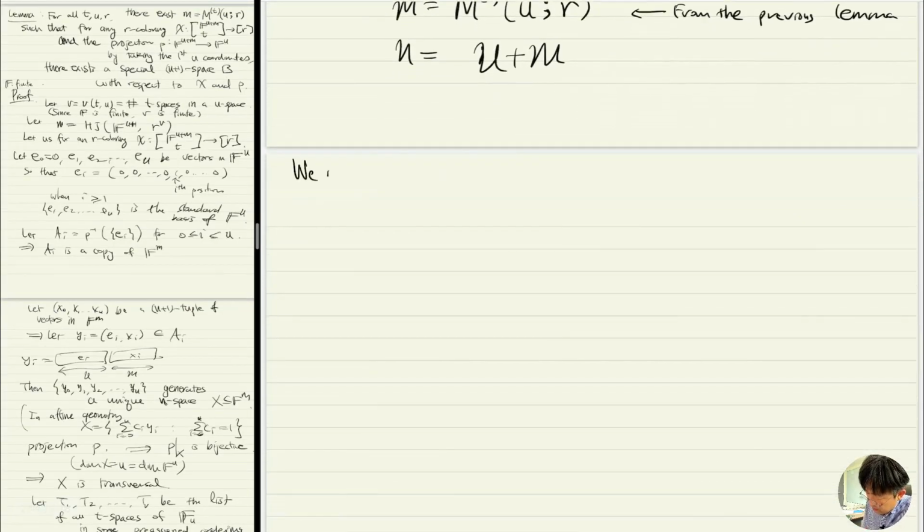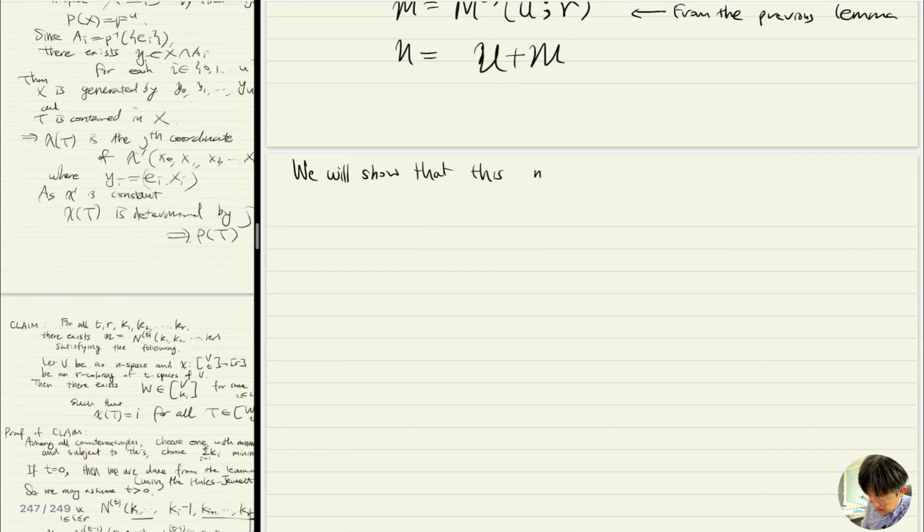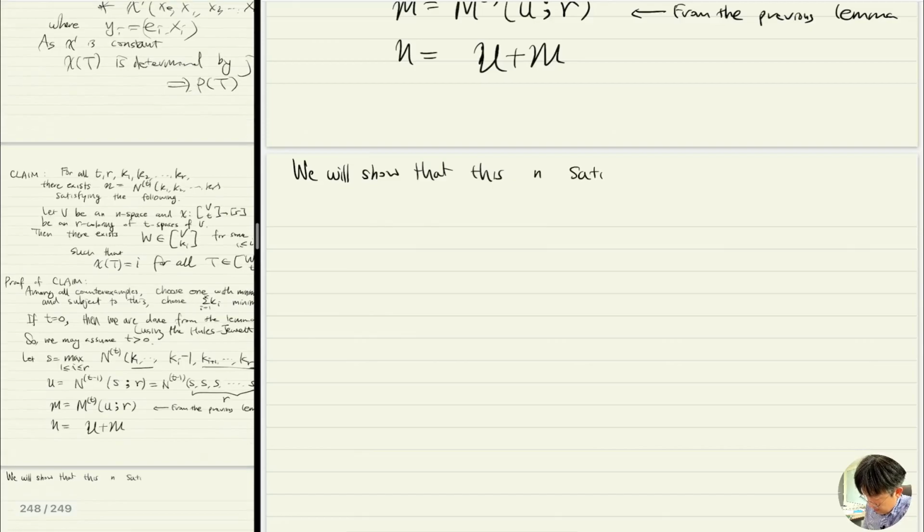Now we will show that this N satisfies the claim. So let chi be a coloring.